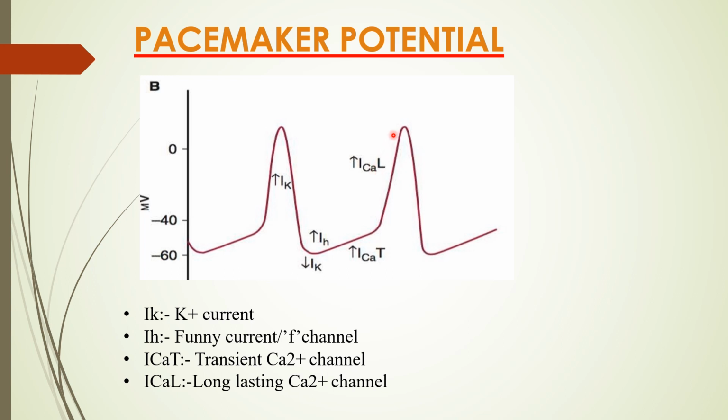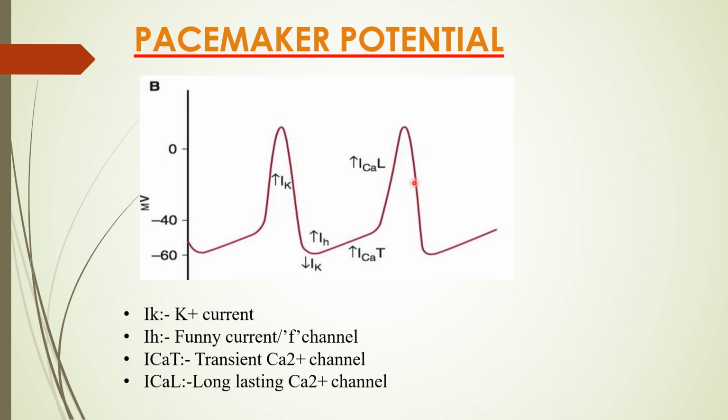So at the end of depolarization, potassium channels open up and the calcium channels close. So that is repolarization. Okay, in repolarization, there will be potassium channel opening up, causing the potassium to diffuse out of fibers, resulting in repolarization.